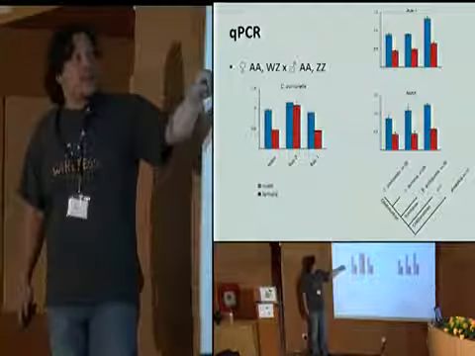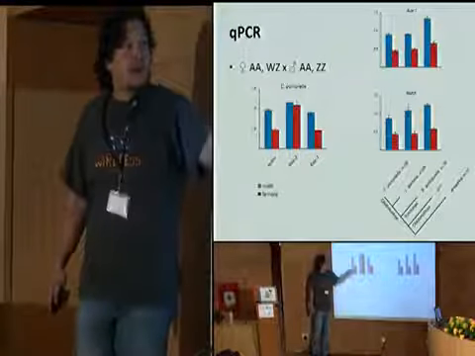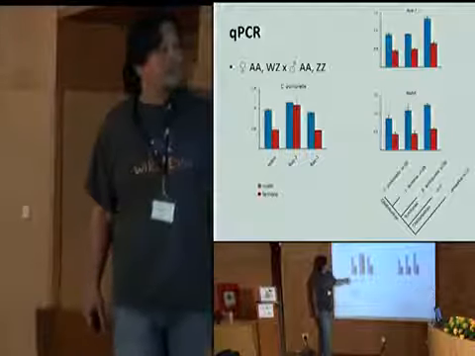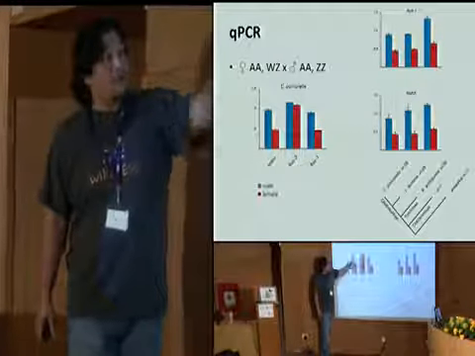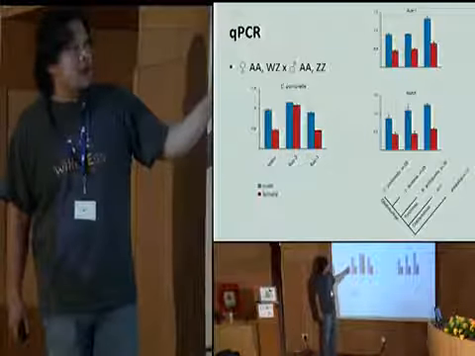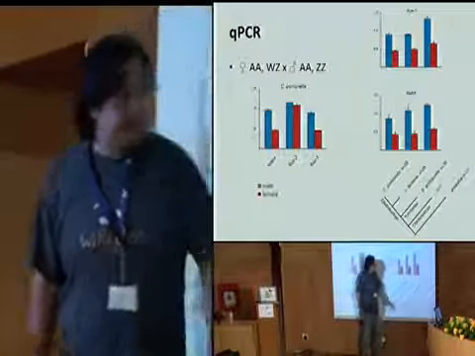If it's Z-linked, then the male should have twice as many copies as the female. And here it is. We developed this technique, or tried this approach, in the codling moth, and then we used it in 2 other species of tortricids.